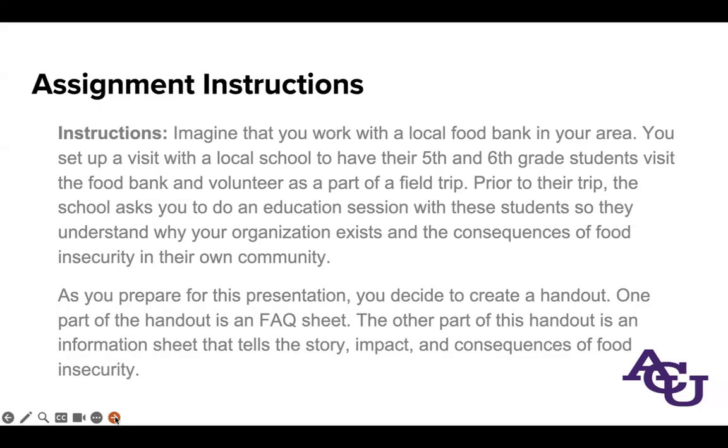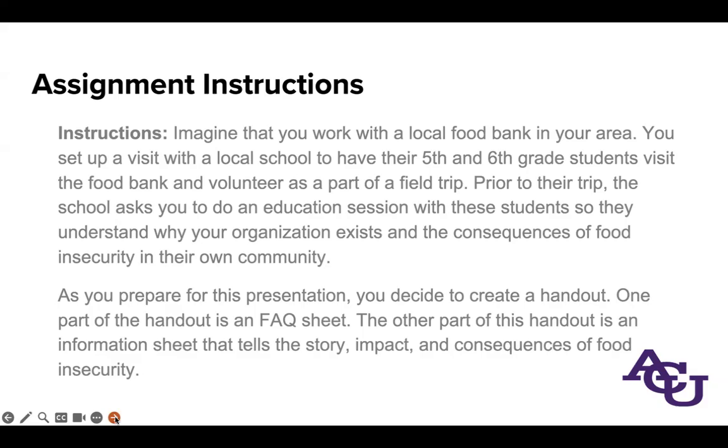So, step into this, your own area. Imagine you're working with a local food bank. You're going to work with fifth and sixth grade students as volunteers, but you're going to first tell them and educate them to help them understand why the organization has to exist and what food insecurity means.